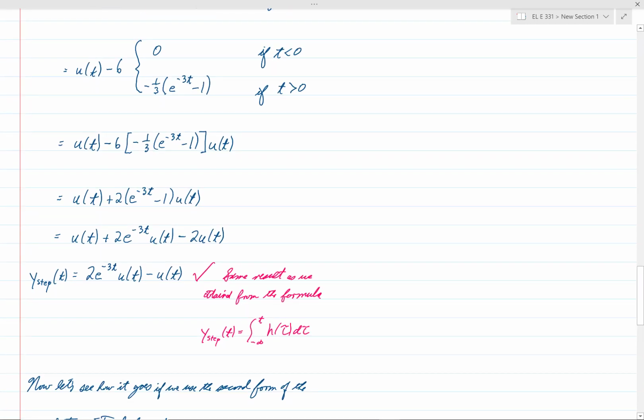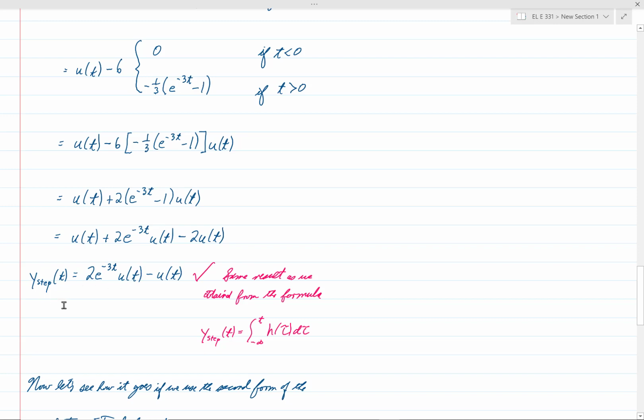And now finally, if you write all of that out, okay, u of t, and then 2e to the minus 3t u of t minus 2 u of t. And then this u of t and the minus 2 u of t will combine to have minus u of t, and then the 2e to the minus 3t u of t is right there.